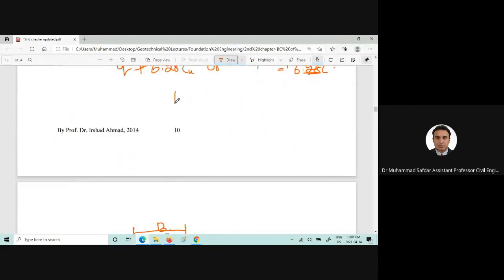Now here is an important point. We discussed that the true failure load would be less than the upper bound and greater than the lower bound, that is between 4C and 6.28 C. Can you see what is going on here? The true failure load would be less than the upper bound solution and greater than the lower bound solution.